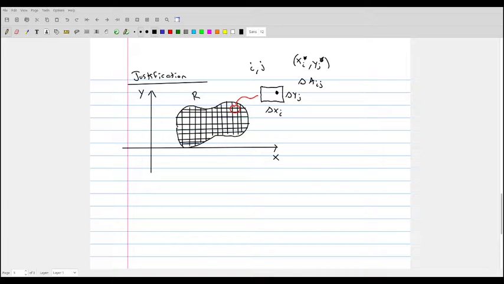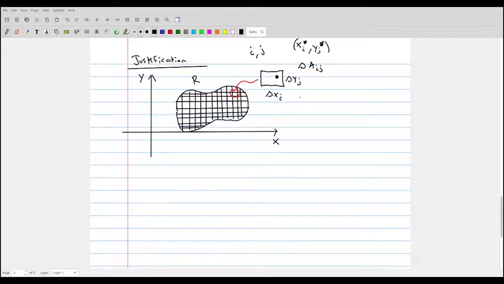So in the limit, as these rectangles get smaller and smaller, you'll remember that the Riemann sum approximation for the double integral of the density function is going to be the same thing as an approximation to the sum of the mass, right?